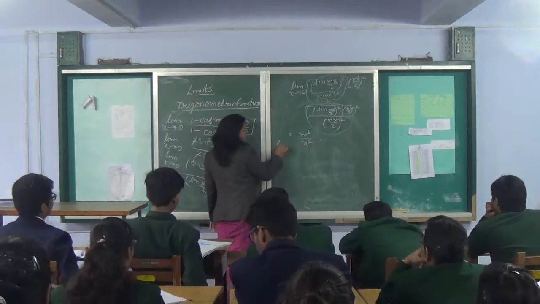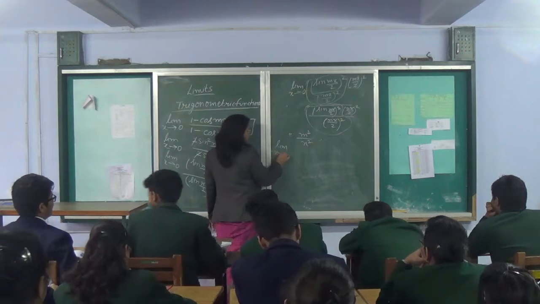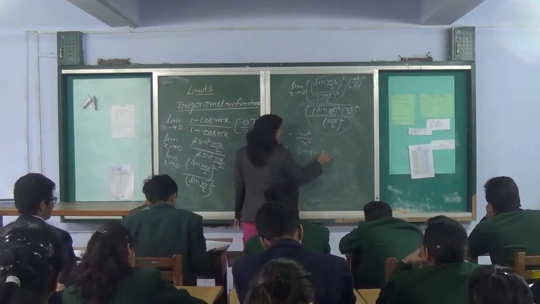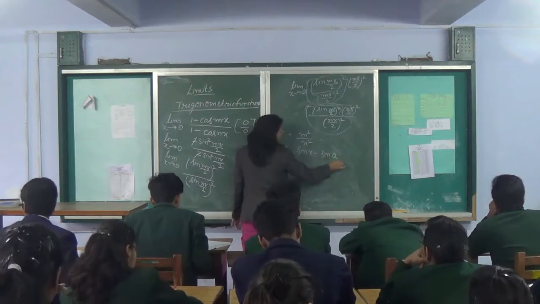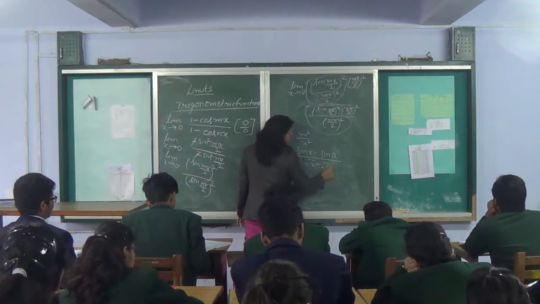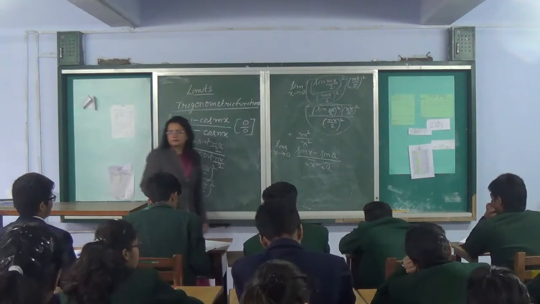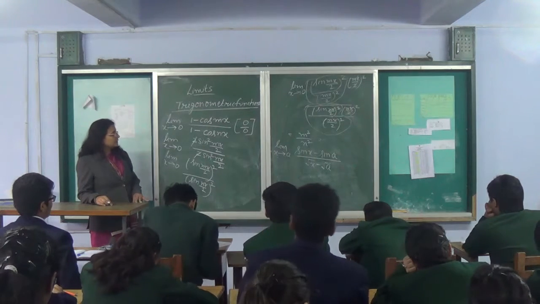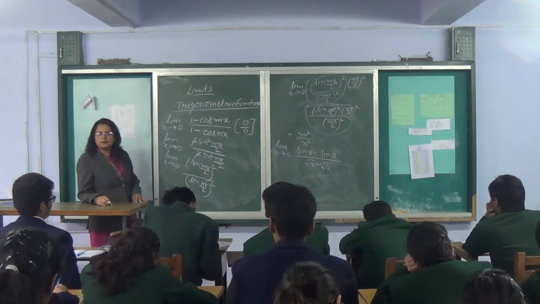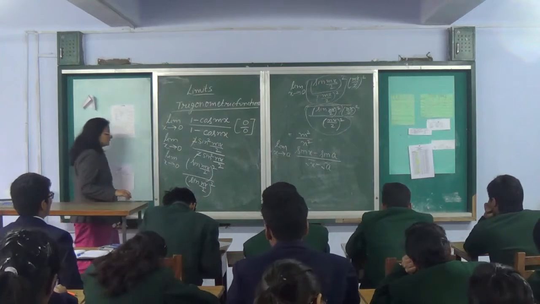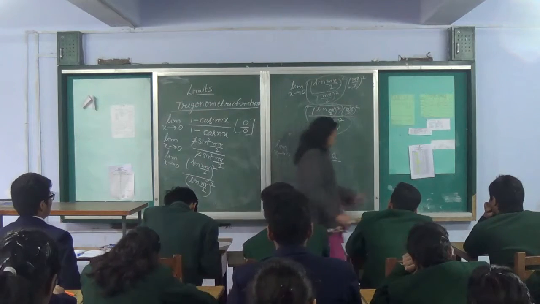Do this: limit x tending to a, (sin x minus sin a) upon (root x minus root a). In such a case, how can we start? Use the identity for sin x minus sin a. It's limit x tending to a, 2 cos((x plus a)/2) into sin((x minus a)/2), upon root x minus root a.